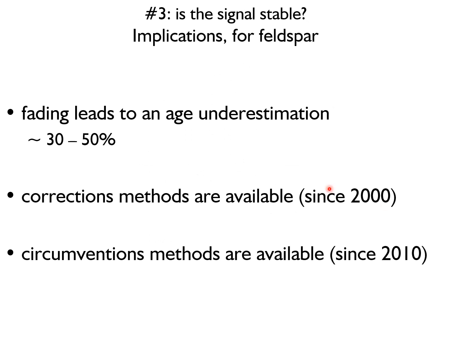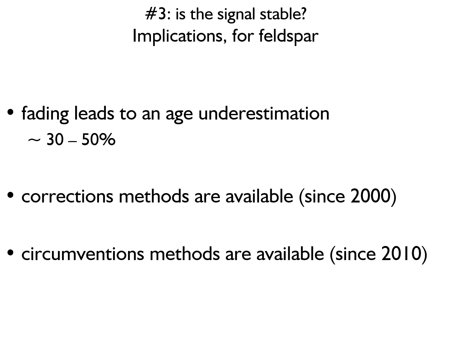What's the implication? Well, the implication is significant. For fading in feldspar, the age underestimation will be between 30 and 50% on average. But fortunately, for the past 20 years, we have correction methods that are now available, and for the last 10 years, there are even circumvention methods available to get around that problem of fading.